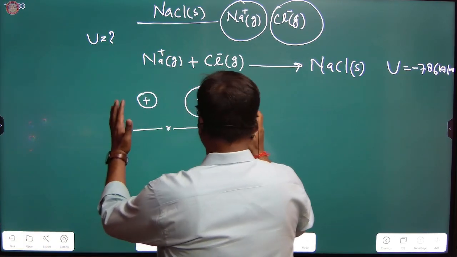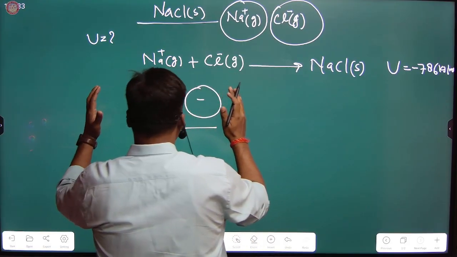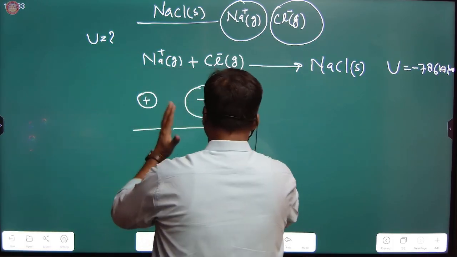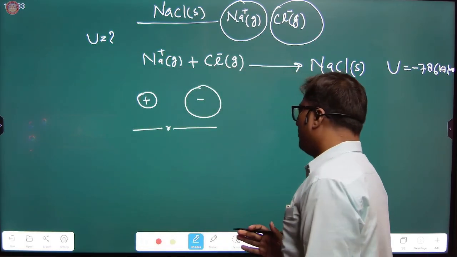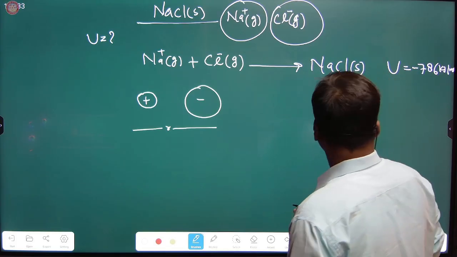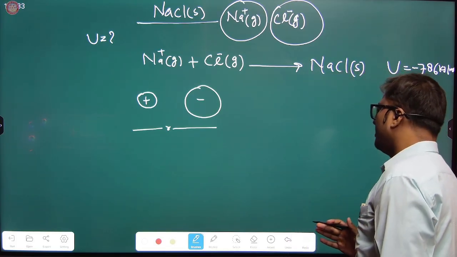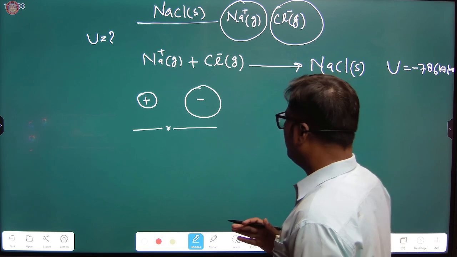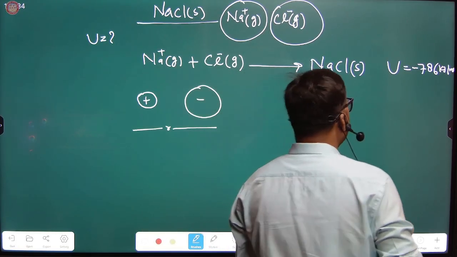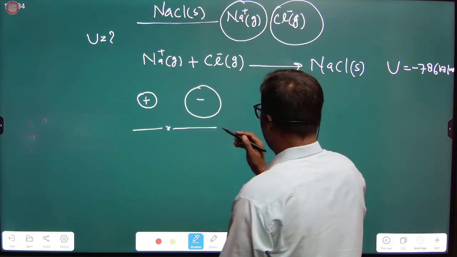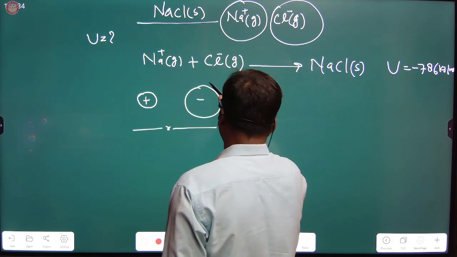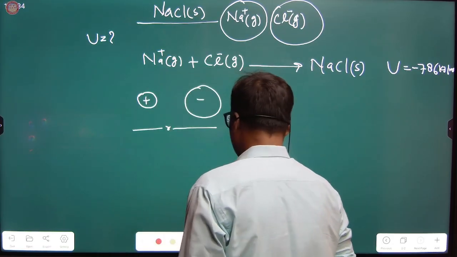Once these ions come closer to each other to stabilize as an ionic compound, the structure is stabilized and the energy is released as the energy of crystallization. Suppose this is a cationic point charge and this is an anionic point charge. Here two terms are involved.